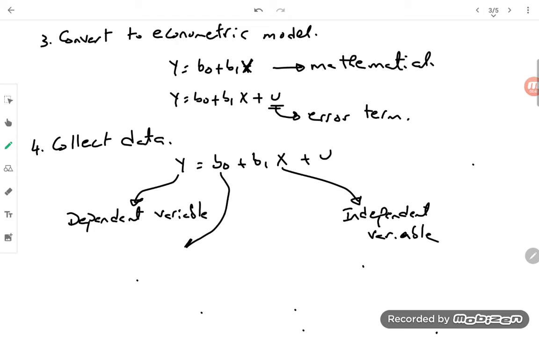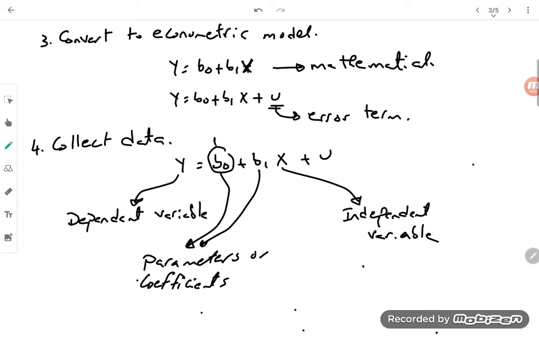b naught and b1 are parameters or coefficients, and from a mathematical point of view, b naught is the intercept, which is the value of y when x equals 0. b1 is the slope, which is the change in y due to a change in x by 1 unit.